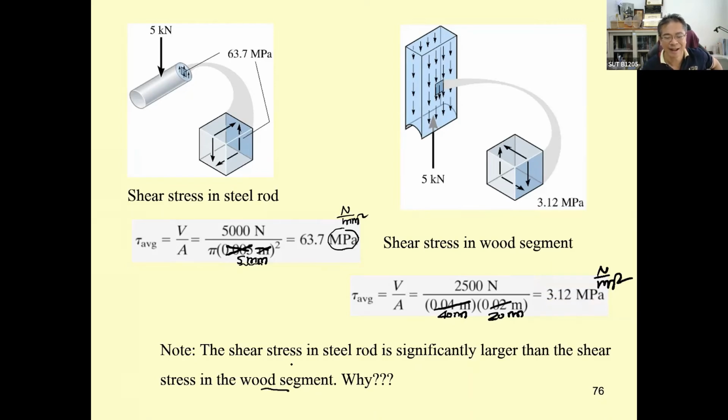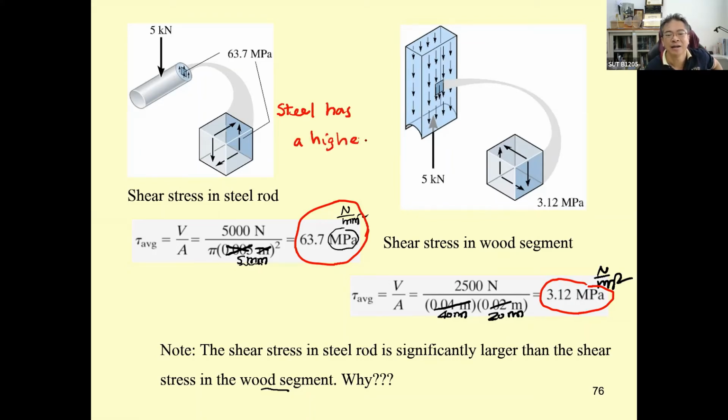They just like us to think, why? The stress here is large and the shear stress here is small. Usually steel has a higher strength, both in tension, compression, or shear, than wood.